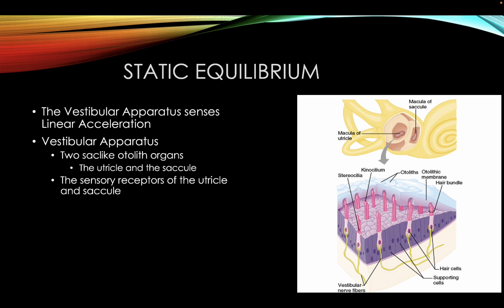And when they're pulled, they're going to pull on that gel-like otolithic membrane. That membrane is then going to cause these dendrites to bend. And depending on which direction the dendrites bend, it will send information to the brain telling the brain which way the body is moving. And then the brain can compensate for this.